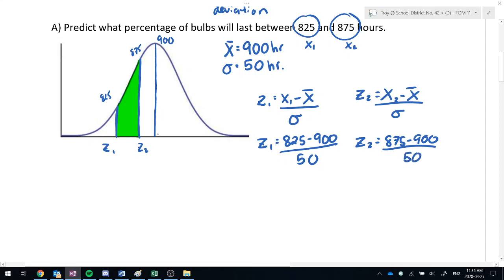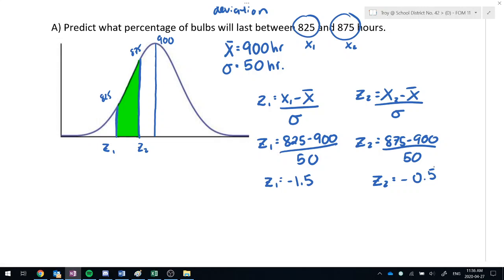Makes sense because it's to the left of the average, right? Okay, so here we'll do 825 minus 900. I guess I don't really need to be using a calculator for this, but I did anyway. This is going to be negative 1.5. Then this is going to be what? Negative 25. So it's going to be negative 0.5. Okay, so we got the two z-scores there.